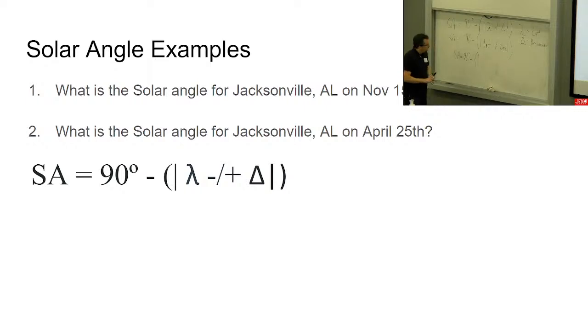All right. So the latitude for Jacksonville, Alabama, keep this in mind, write this down, is 34 degrees north. But how do we find the declination?